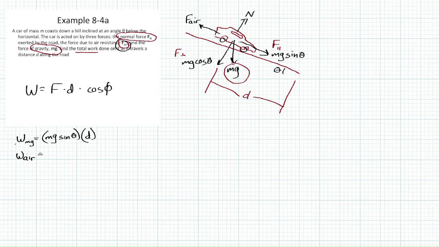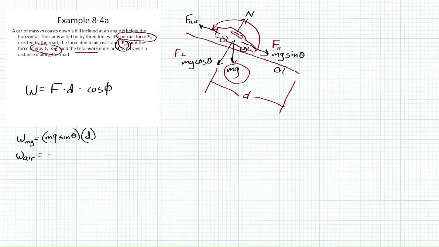Well, if this angle right in here, we'll call that phi for now, that angle between the parallel force and the road surface is 0, then this angle between the direction of displacement and this air friction force right here is what? Well, if that's 0, then this all the way over here is 180.